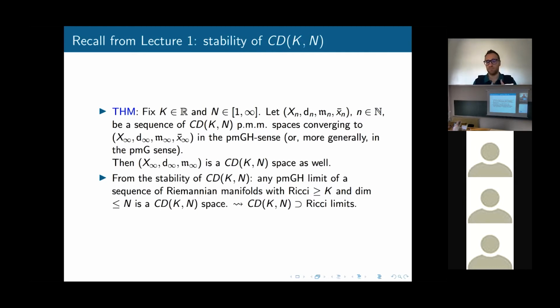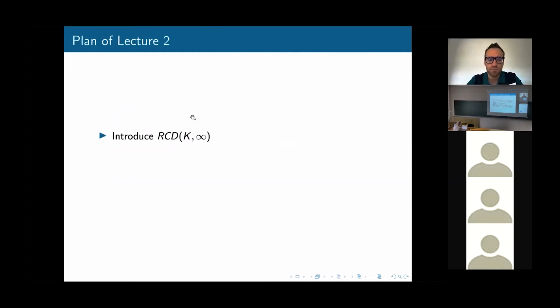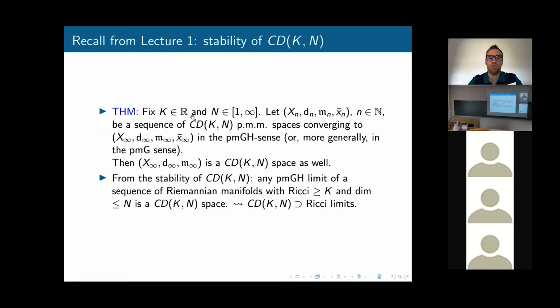In other words, all Ricci limits of dimension at most N and Ricci bounded below by K are contained in the class of CD(K,N) spaces. So this was a recalling of what we did yesterday.